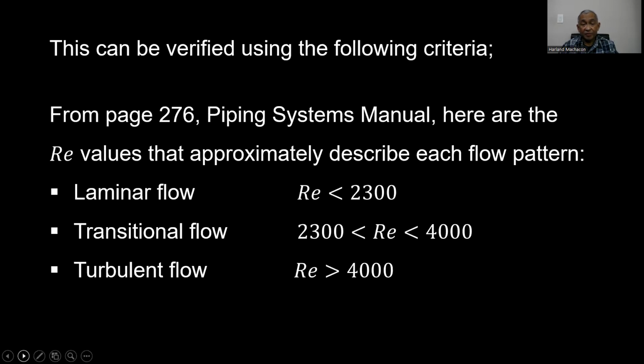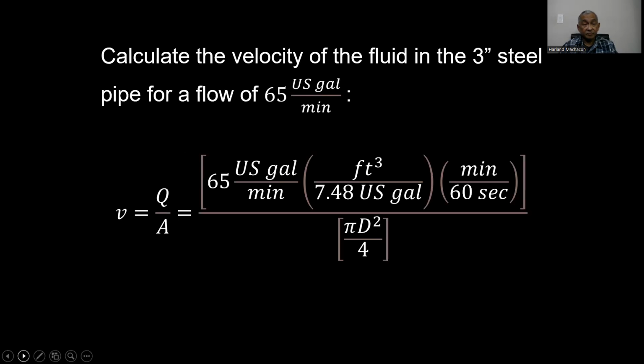For laminar flow, the Reynolds number is less than 2,300, and during transitional flow, it is in a range between 2,300 to 4,000, and for turbulent flow, it is above 4,000 Reynolds number.